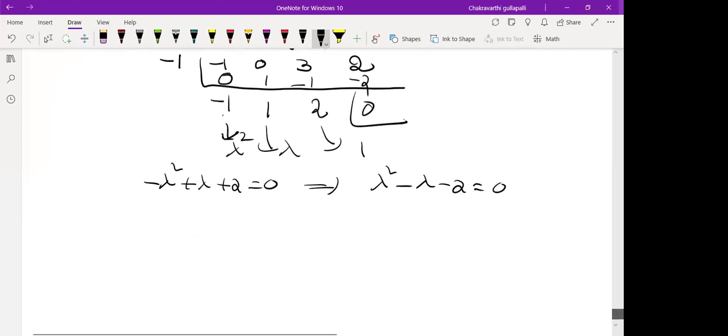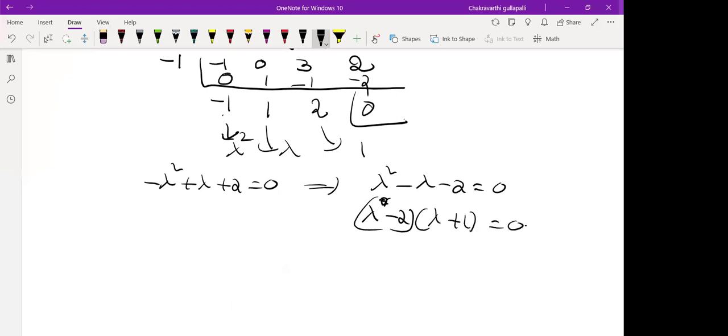It's factorizable: lambda minus 2 into lambda plus 1. Even if it is not factorizable, don't worry, apply the quadratic roots formula. So we got 3 roots: minus 1, already we got minus 1 as an eigenvalue, 1 more minus 1, and 2.